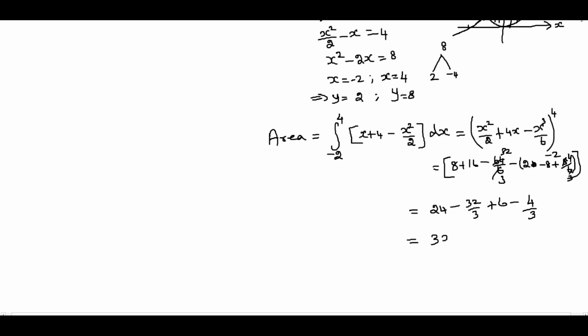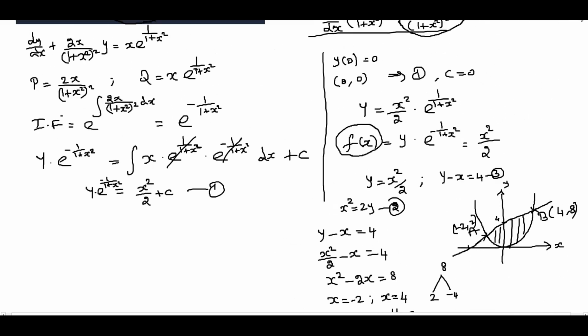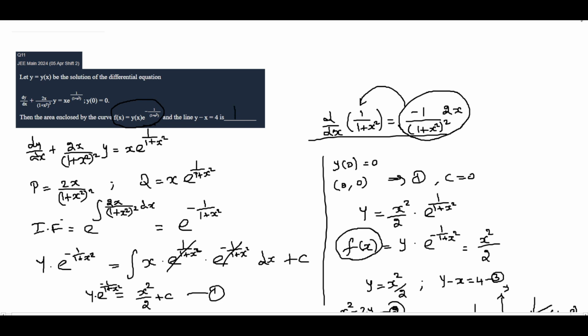So 30 minus 36 by 3, so 12, so 18 is the answer, 18 square units. So here the answer is 18.